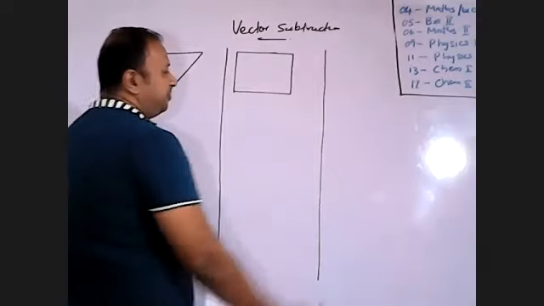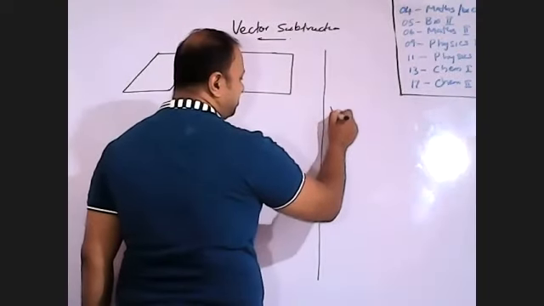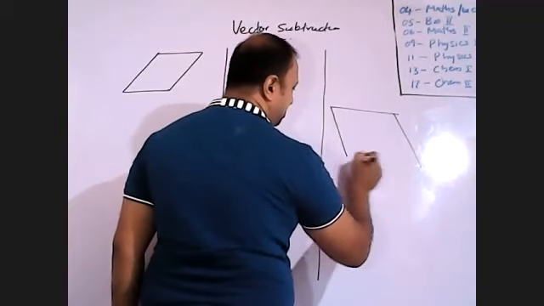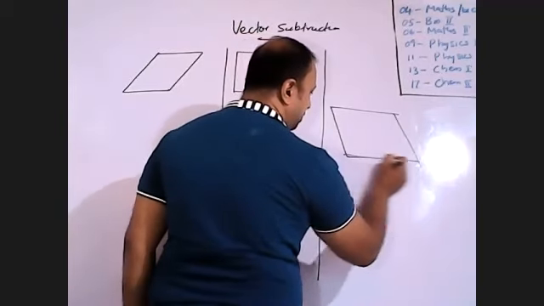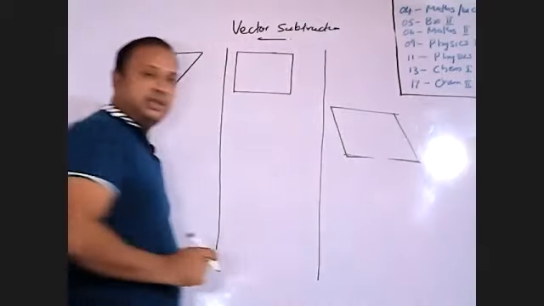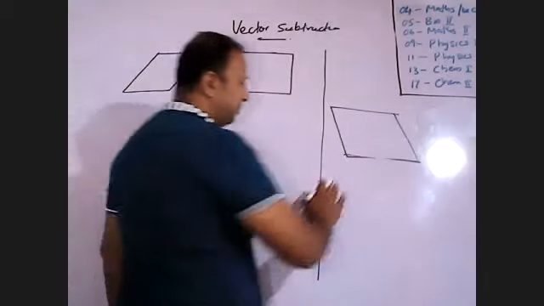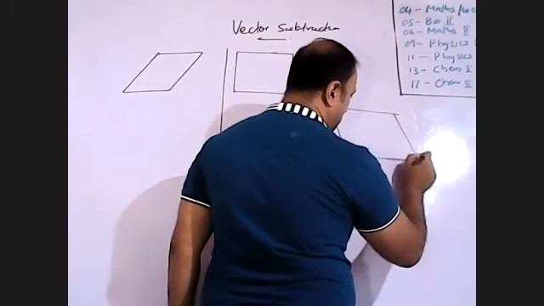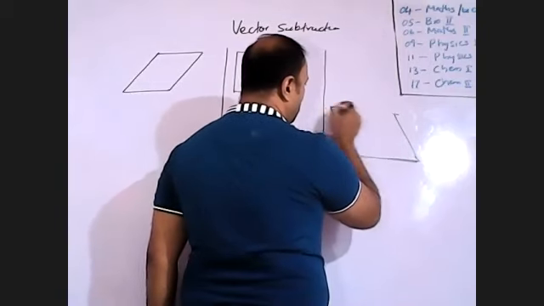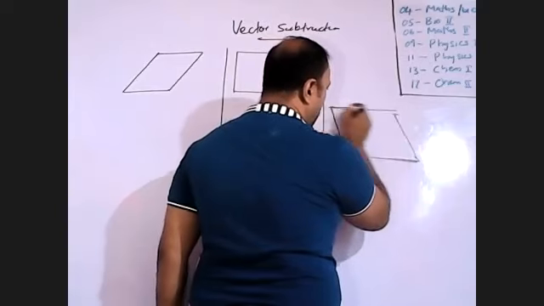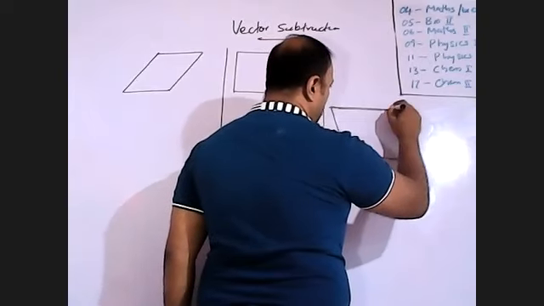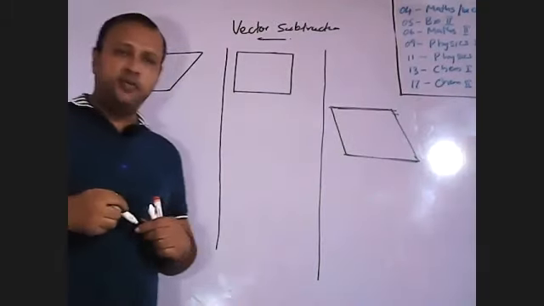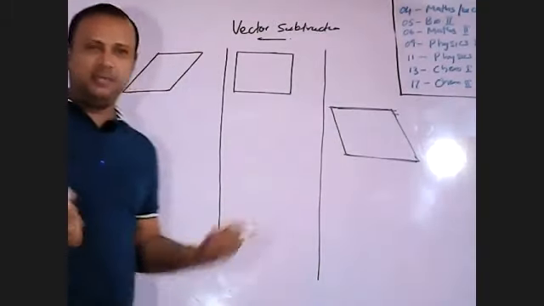What is the third shape? This is the third shape. Those are three main shapes of parallelogram, no?